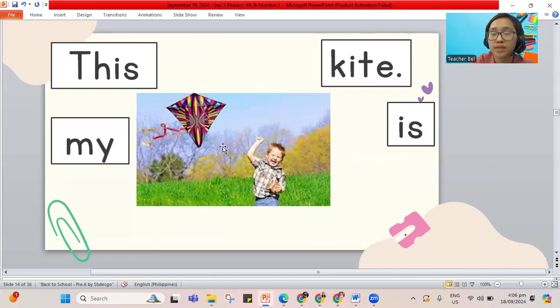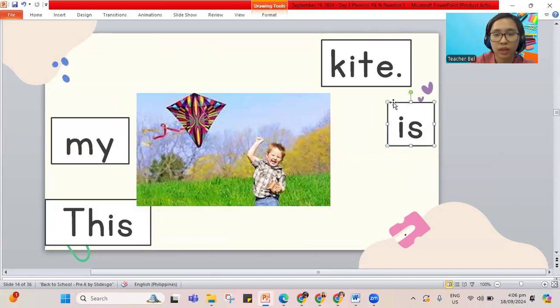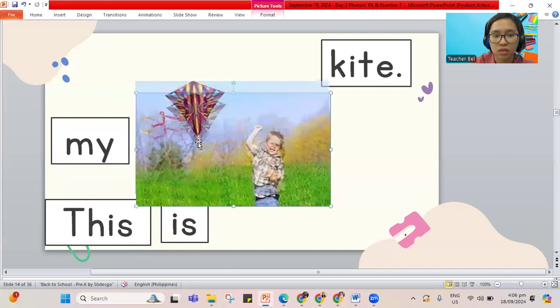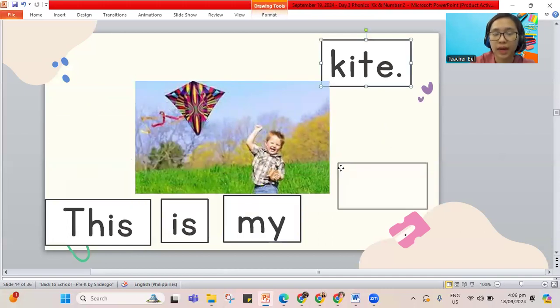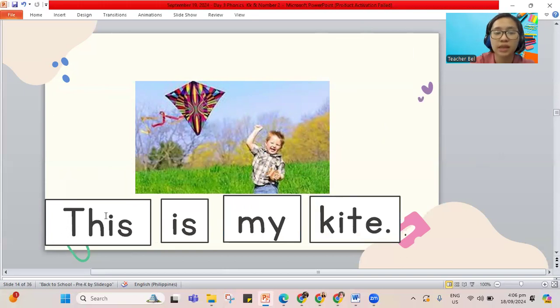Let's do our sentence for the kite. This is my kite. So our sentence, this is my kite. Okay, done with this one for our jumbled sentence.